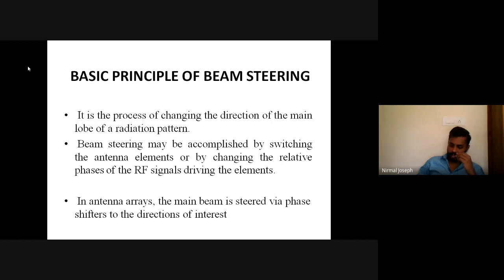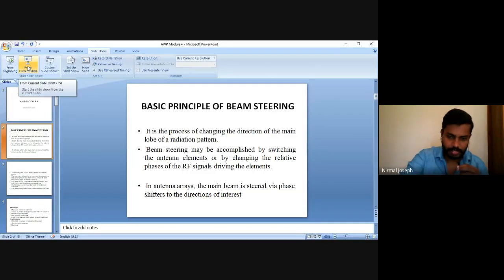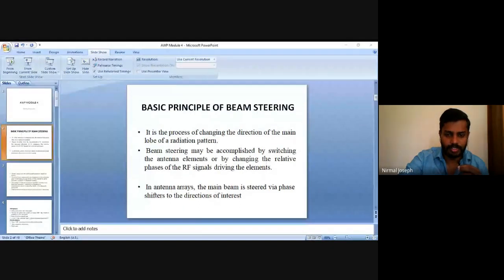What can it be? Any suggestion, or have you ever heard of a phase shifter? Any circuitry which can be used to change the phase? Any answer?